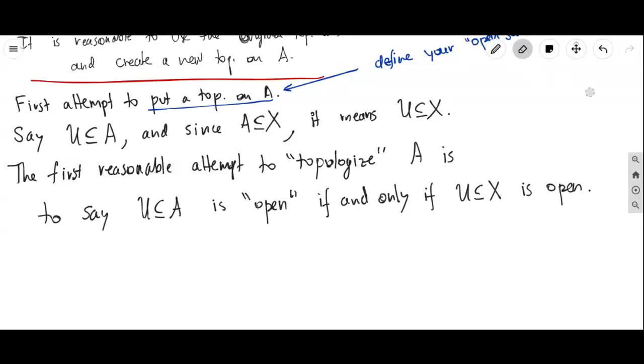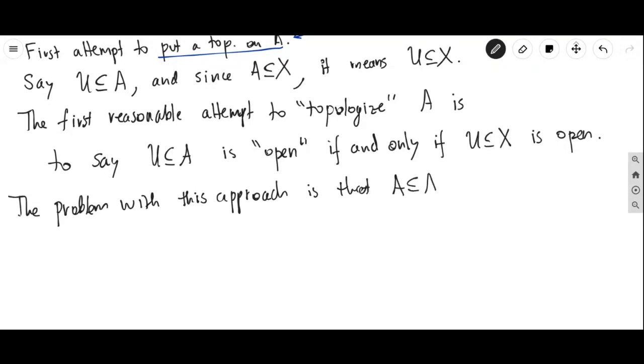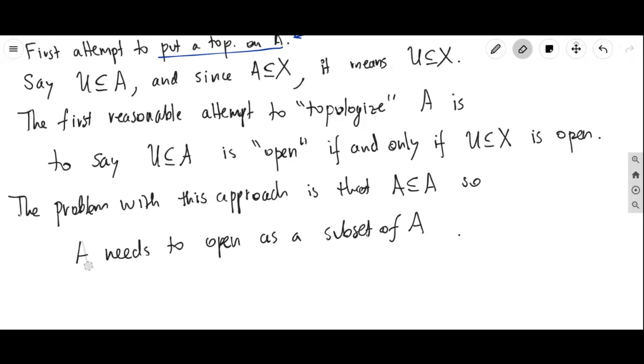So here's where the problem is. The problem with this approach is that A is a subset of A. So A needs to be open as a subset of A, because that's the requirement for a topology.